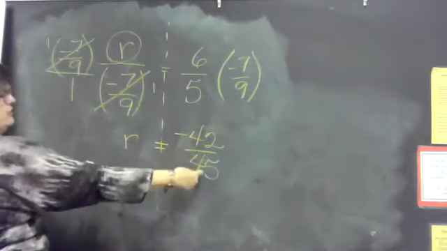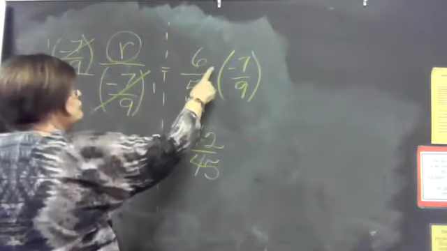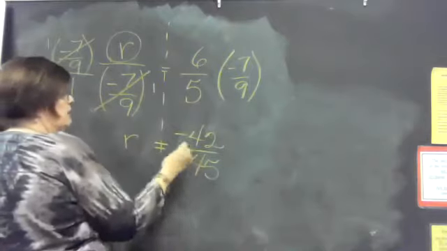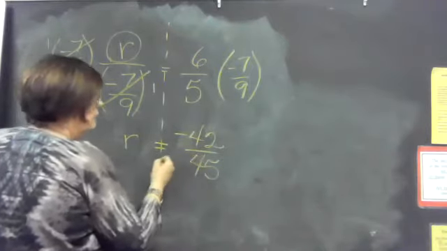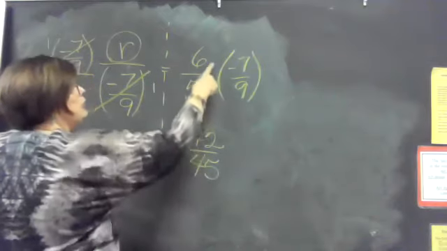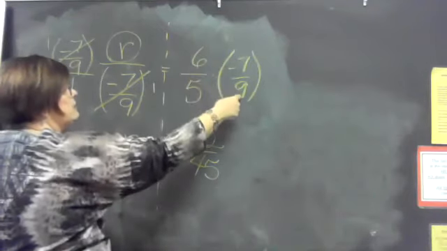And we know that this will simplify. So if you wanted to do your cross canceling up here, you can either simplify this by dividing, probably by 3, I think. But look up here. We have a 6 and a 9 that will divide by 3.